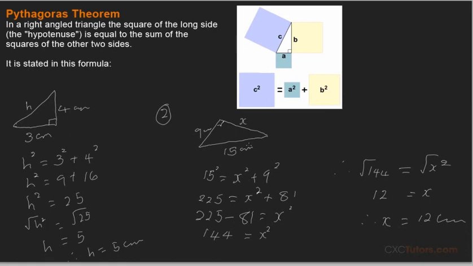Otherwise, given the hypotenuse and another side, we would square both, and then subtract the square of the other given side from the square of the hypotenuse, take the square root, and that will give you the required length. This is how we apply Pythagoras' theorem.